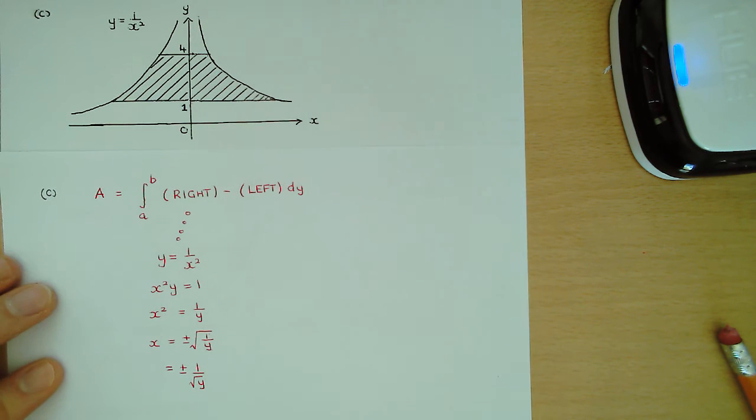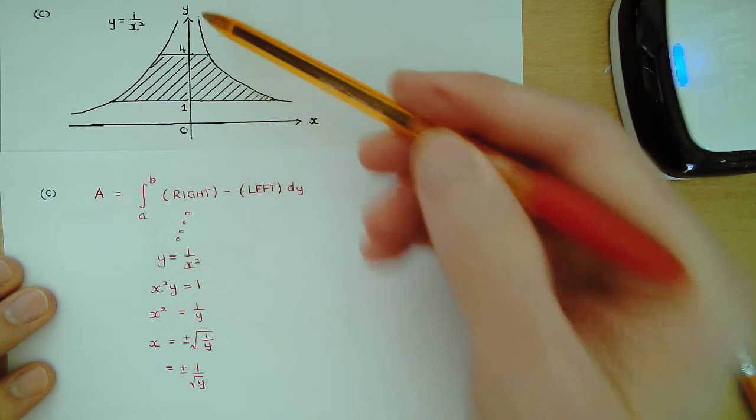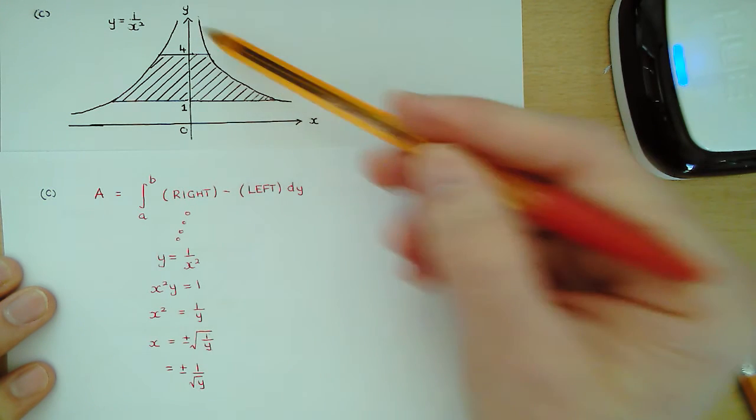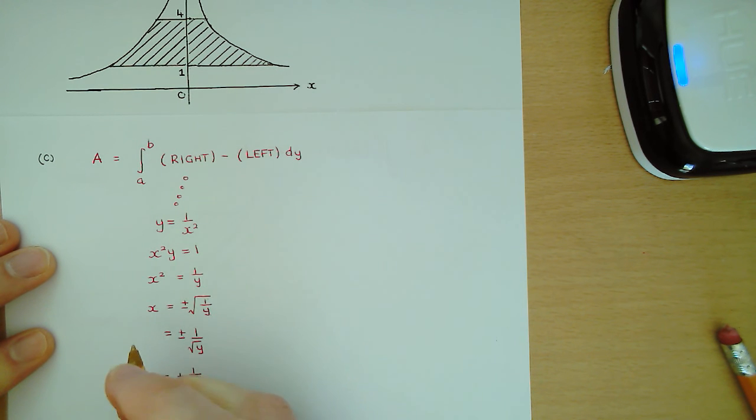Now, which version are we going to use? Well, the curve here that is to the right of the y-axis, we take the positive square root. So we're going to use x equals positive 1 over the square root of y, because the curve is to the right of the y-axis.